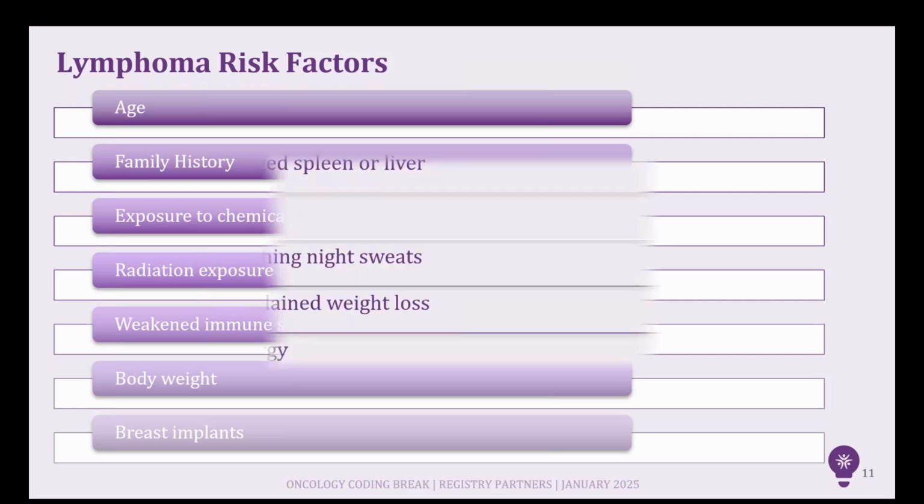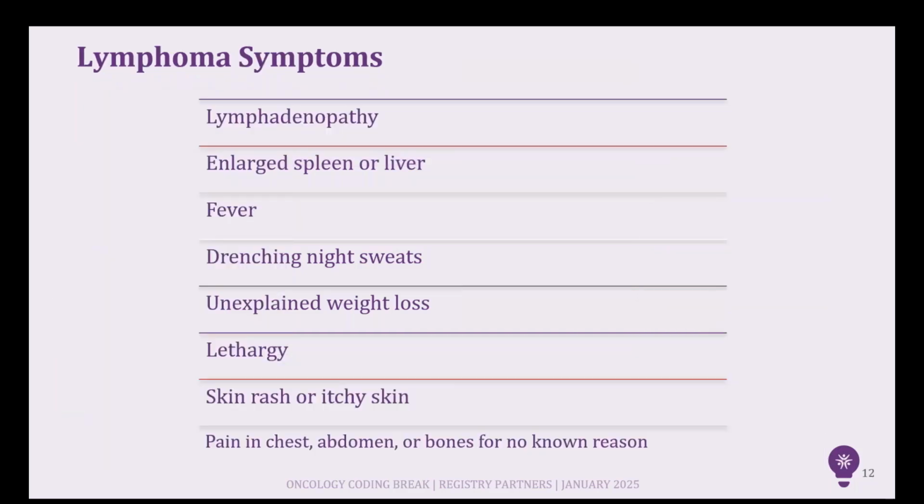Lymphoma can present with various symptoms. So here are some common ones to watch for. So lymphadenopathy. Usually these are painless lymph nodes that are swollen, usually in the neck, armpits, and groin area. A persistent fever without an obvious cause, and it can often come and go. Intense night sweats that soak through your clothing or your bed sheets.